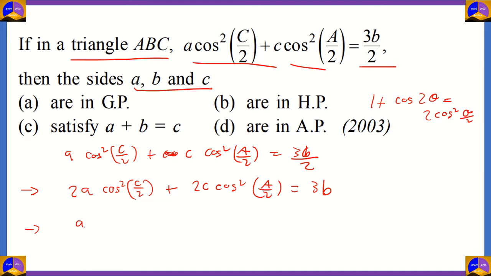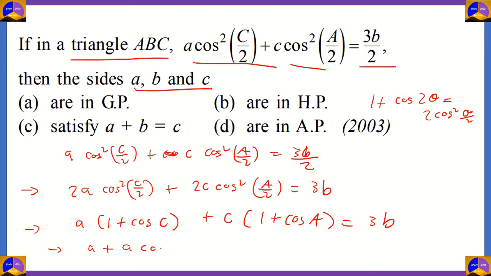So it is a times (1 + cos C) plus c times (1 + cos A) equals 3b. Next, we just multiply them. So you get a + a cos C + c + c cos A, and that is equal to 3b.